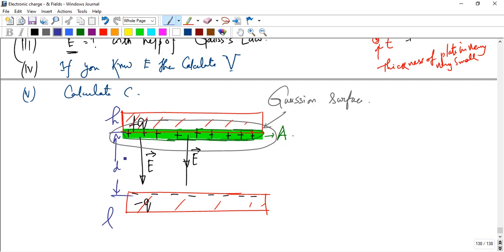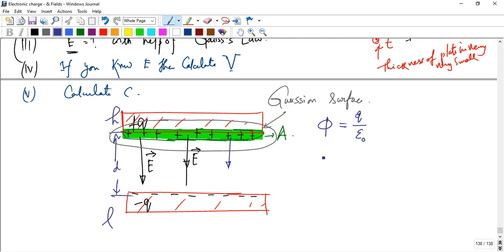Applying Gauss's law, flux phi equals charge over epsilon naught, the permittivity of free space. The gap between these two plates is free space.